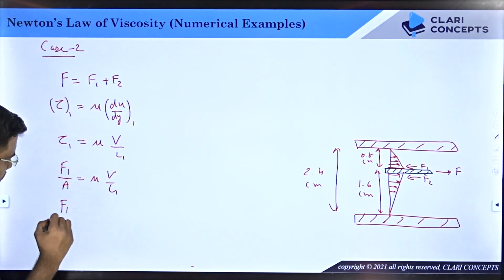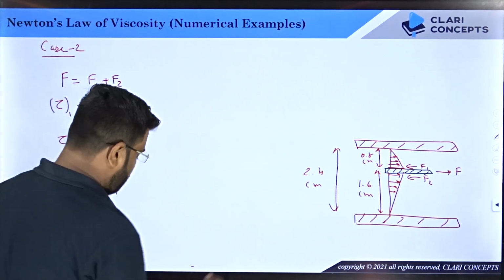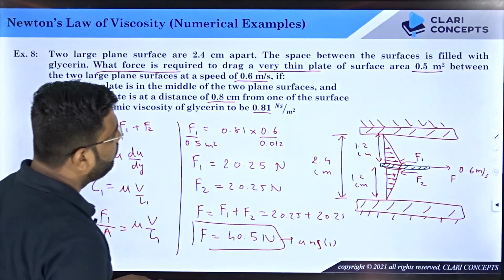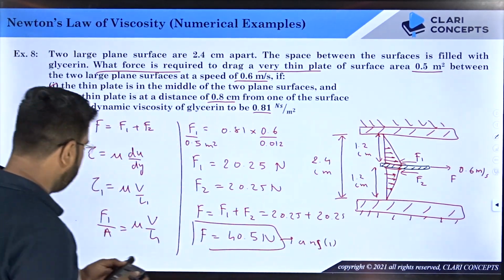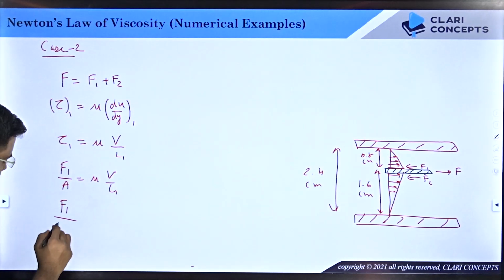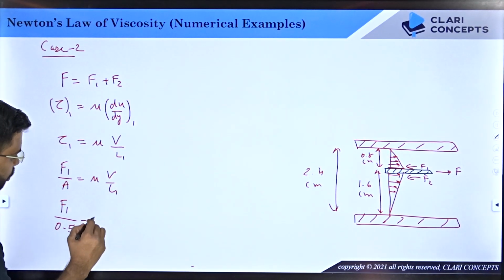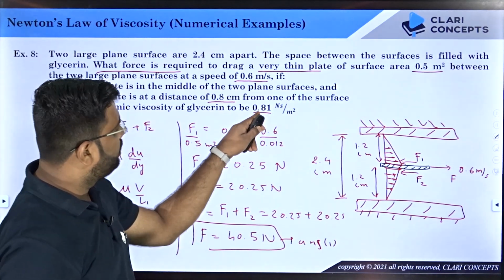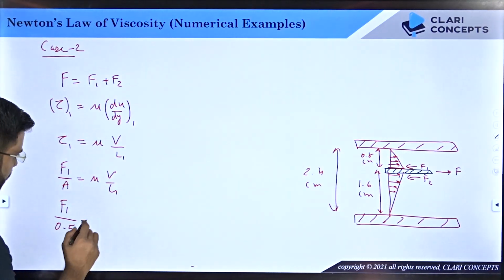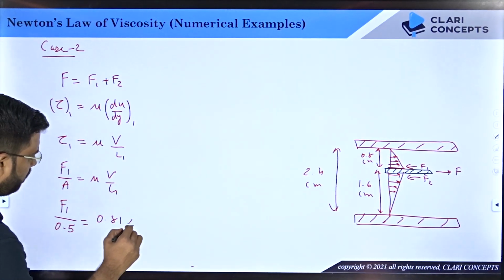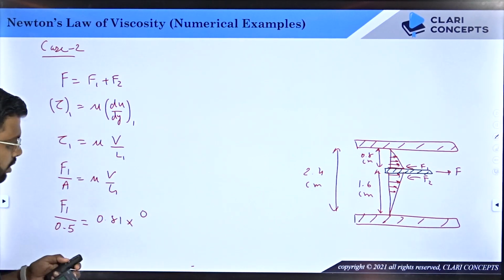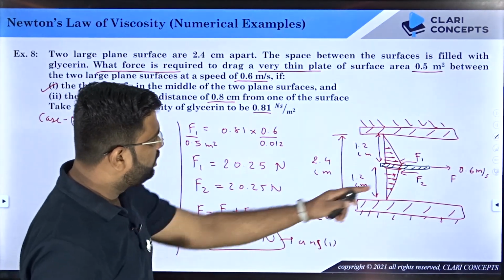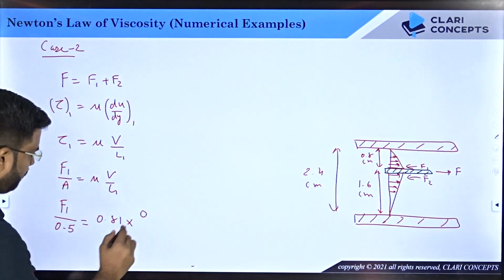So now put the values. F1 divided by area, where the area is 0.5 meters square. Mu is 0.81. Velocity, let me just verify it one more time, is 0.6 meter per second.